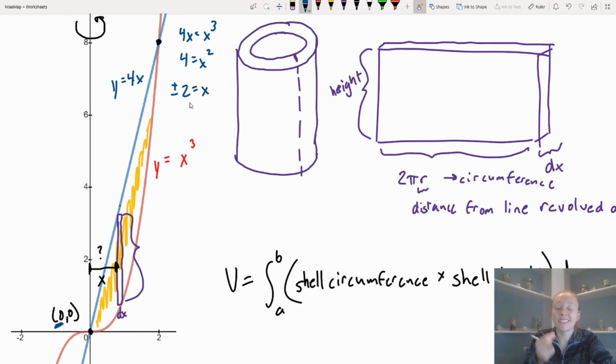However, as stated in the problem, we're only dealing with the first quadrant, so that's only going to be my positive 2 value. So this is going to be 2 in the x, and that's where I'll stop drawing my rectangles. I don't care about that y value, so I'm not even going to bother solving for it. I just know that I'm stopping at 2 in the x.